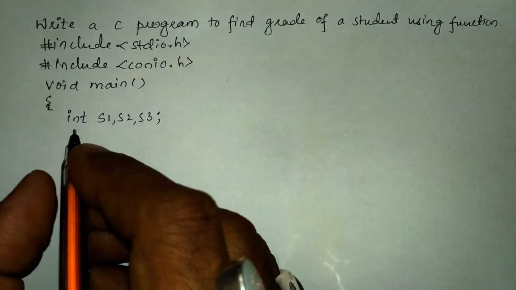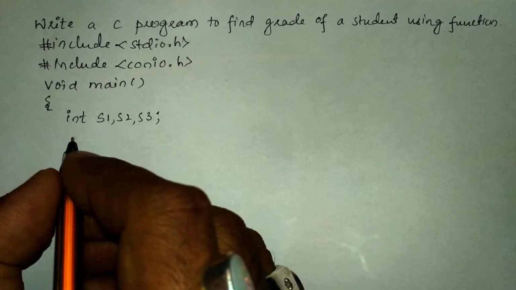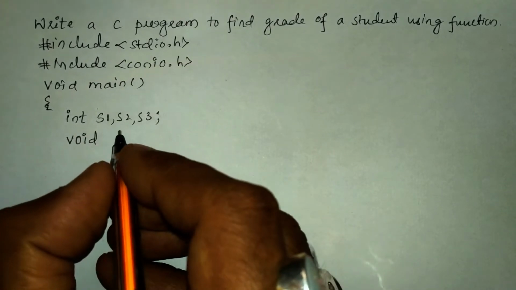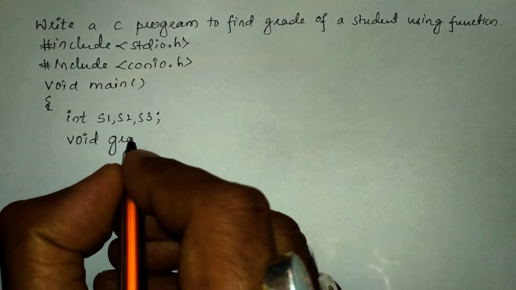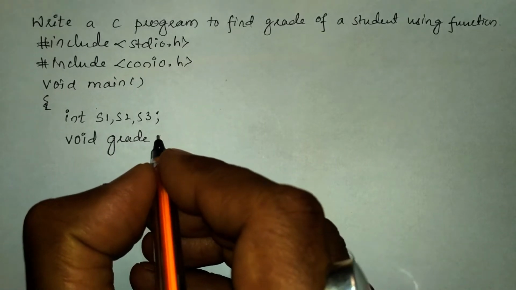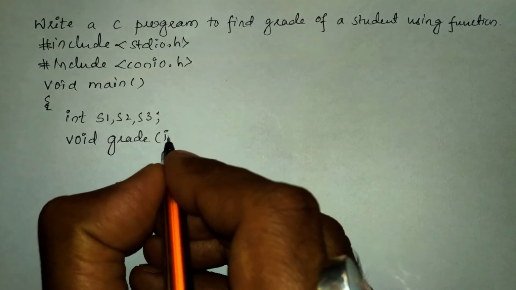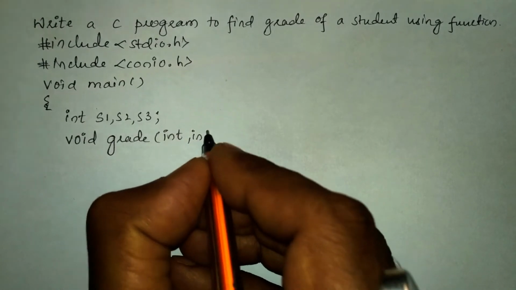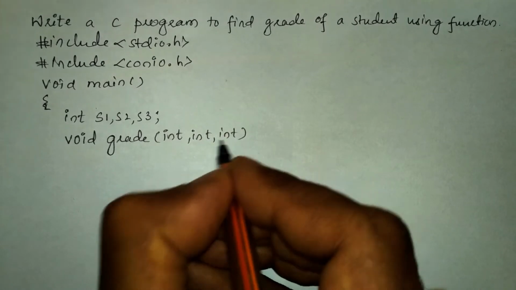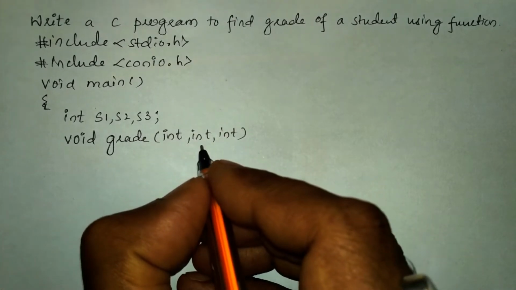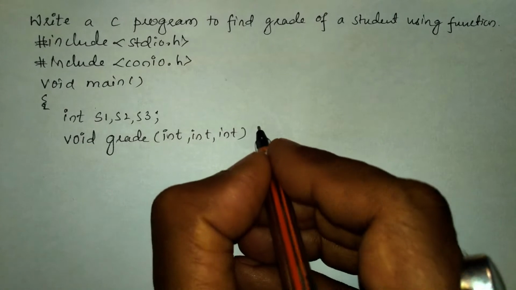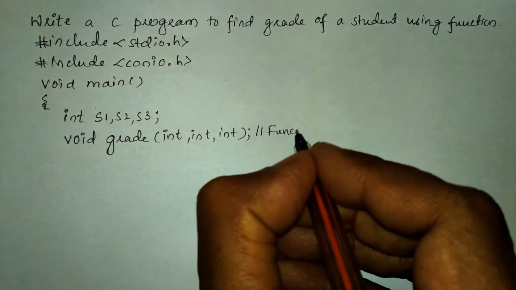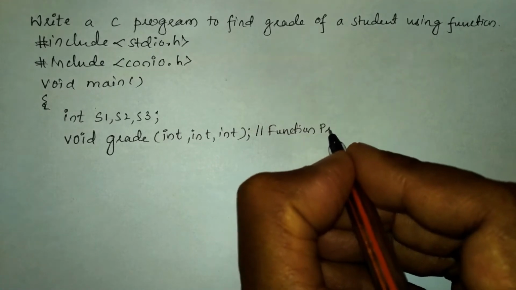And now we are going to declare the function, that is called function prototype. Here I'll write a return type void, name of the function is grade, and inside the round bracket I'm going to pass three data types, that is int, int, int. Means this particular function will receive three arguments and it is called function prototype.